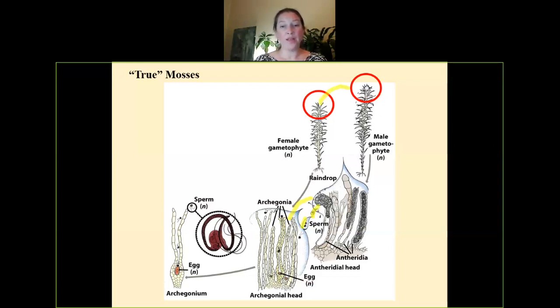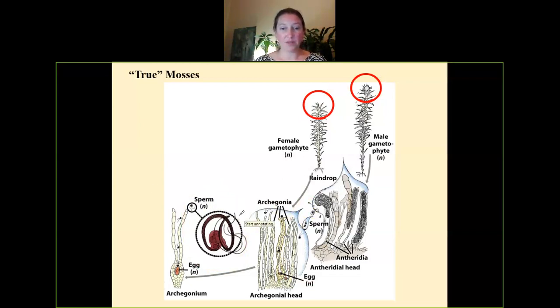Then a raindrop will drop on top of the female gametophyte plant, and that will let the sperm swim down the neck of the archegonium into the swollen part of the archegonium, which is called the venter, where it will ultimately meet an egg. Here is a close-up of the sperm that has successfully swum.